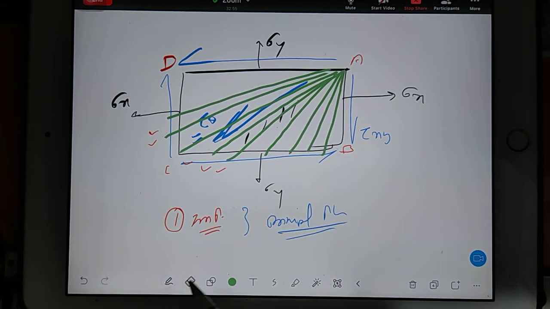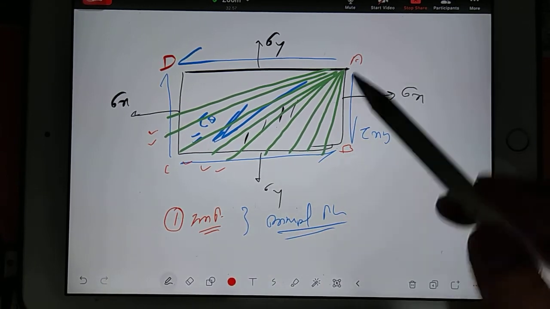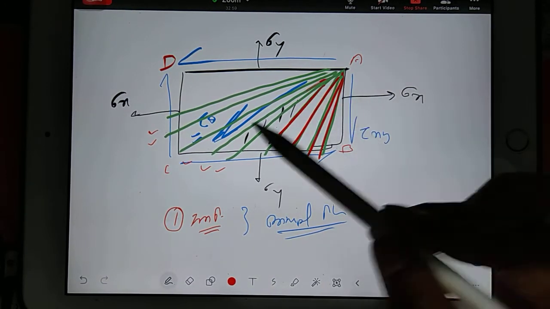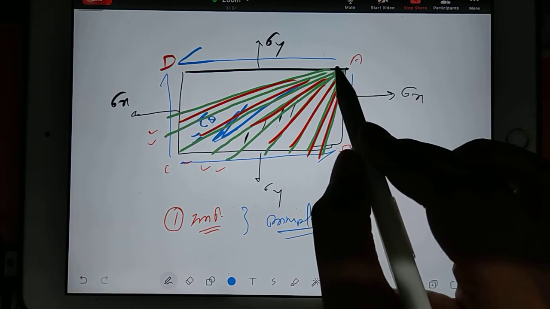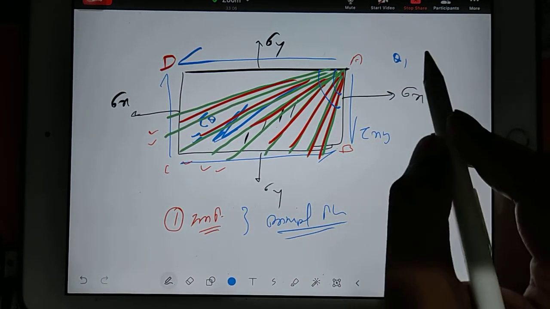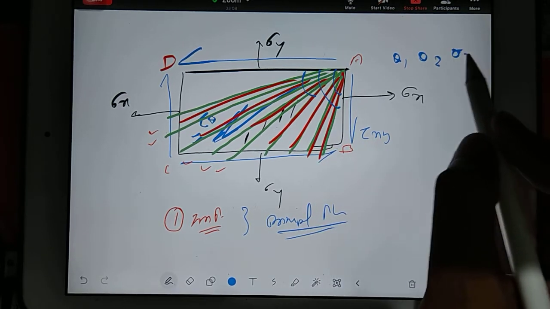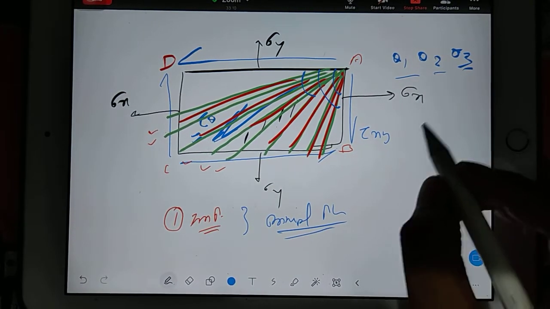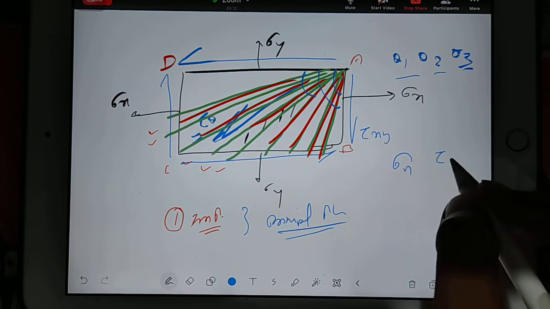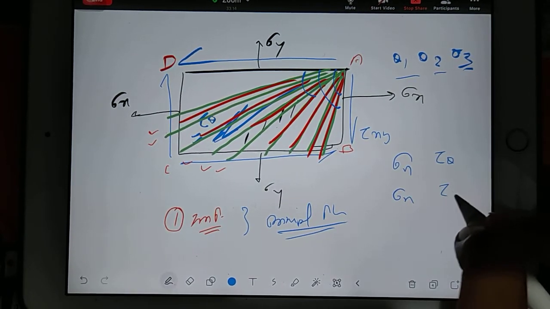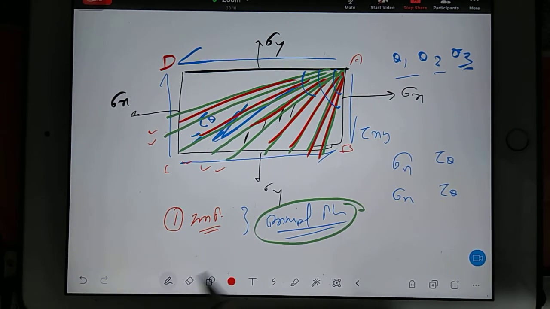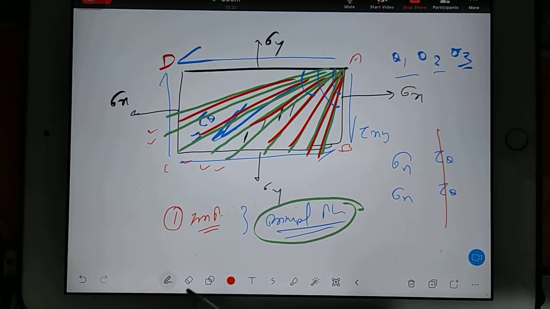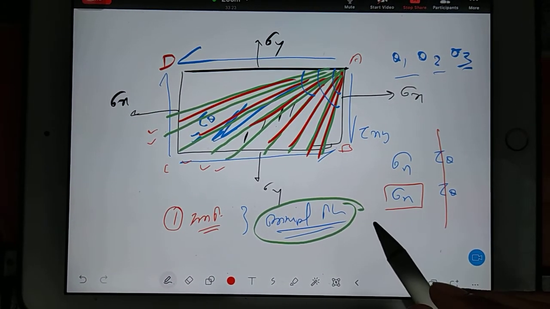Actually, you see, in all these planes, suppose this plane is at theta 1 angle, this plane is at theta 2 angle, this plane is at theta 3 angle. So on every plane, you will be finding out normal stress and shear stress. So there will be one special plane. On that plane, your shear stress term will be 0. Only normal stress term will act.